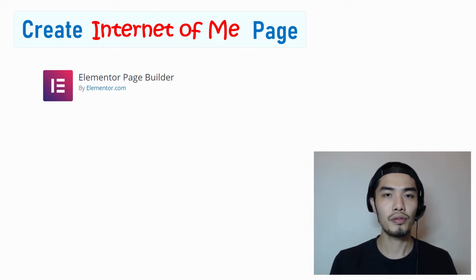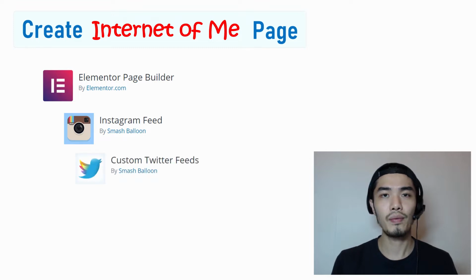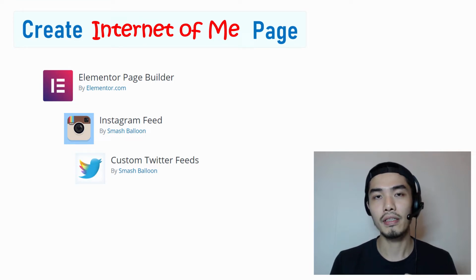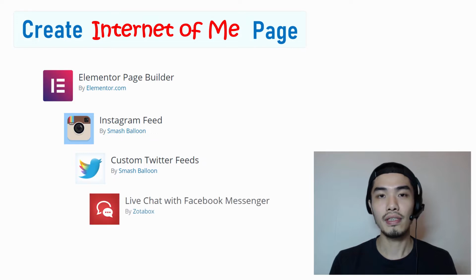But the second and third ones are basically Instagram and Twitter feeds plugins that will help you to put in all of your updates from your Instagram and Twitter onto your web page automatically, and they will update themselves without you having to manually update the post. And the last one is the live chat with Facebook Messenger. This is a very important plugin that you need to have on your website or web page to allow visitors to reach out to you.